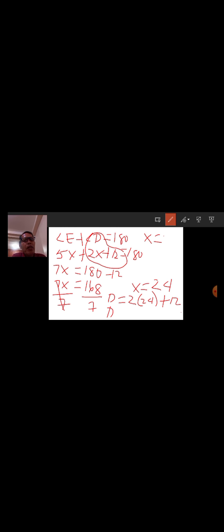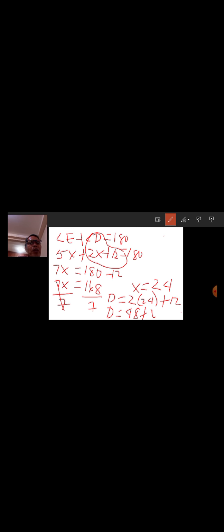So D now is equal to 24 times 2 is 48 plus 12. Therefore, angle D is equal to 48 plus 12 is 60. Therefore, angle F must also be equal to 60.